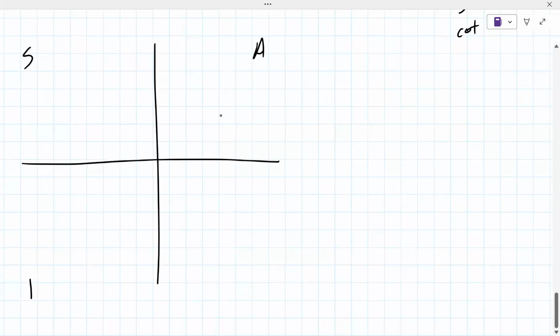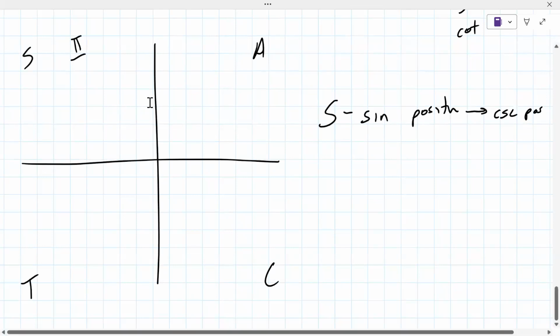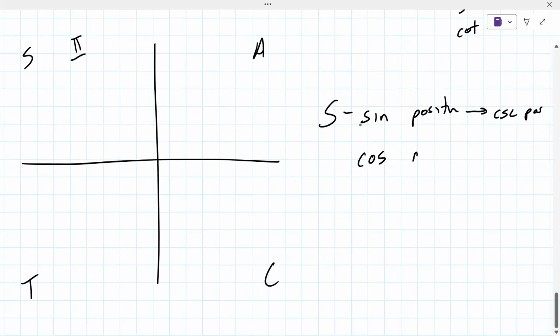A, S, T, C. Quadrant 2. S means that sine is positive, and that is the only thing that is positive. But that also implies that cosecant is positive because cosecant is the reciprocal of sine. What it really means, though, is that cosine is negative.